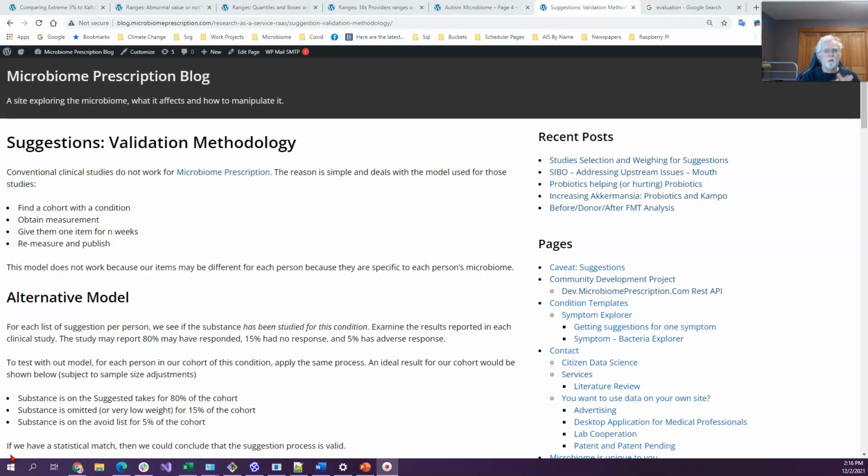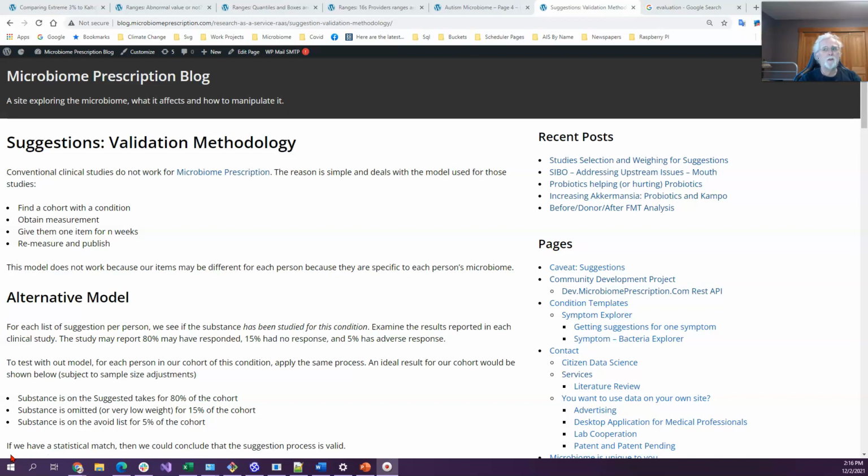Okay, validation methodology with the microbiome is different than usual clinical studies. Clinical studies usually involve using a cohort with a particular medical condition. You obtain measurements of the cohort and match controls. You give them an item for n weeks. You remeasure and you publish results. You now have a nice study, you get brownie points, and hopefully you get a promotion.